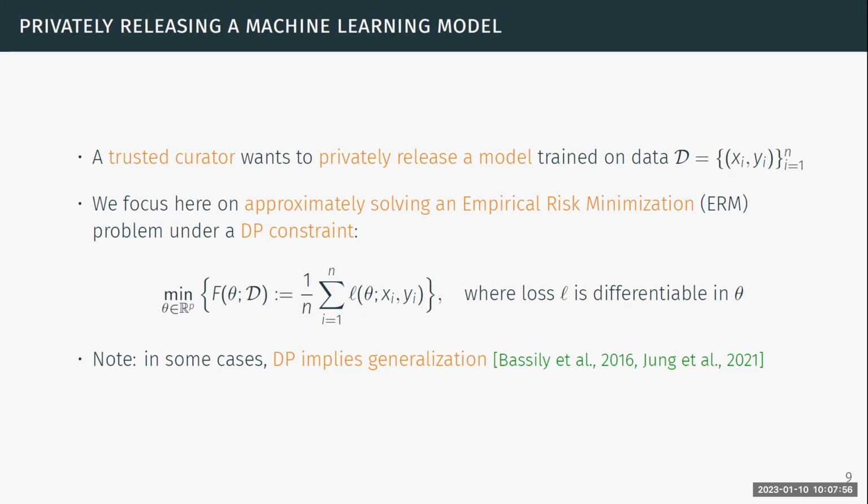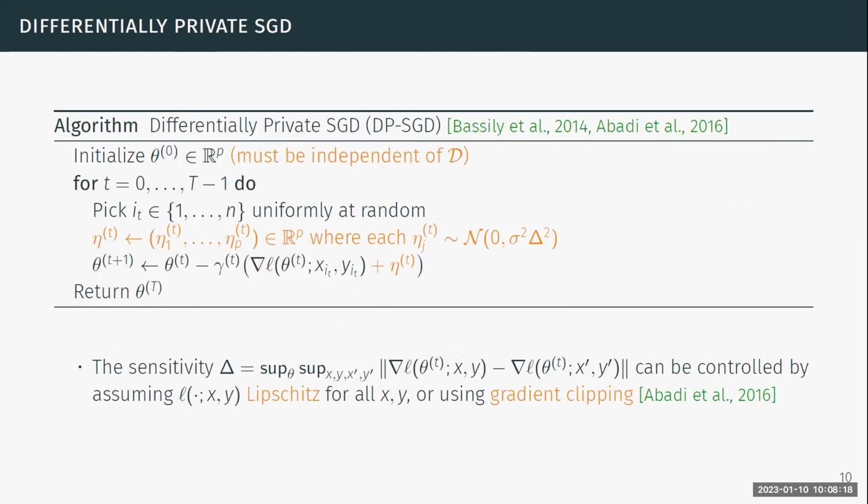I have a loss function that measures how well the model with parameter theta does on predicting the label of point X, and I want to find the model that works best on average on my training data. Okay. Typically, this loss is differentiable in the model parameters, so I can use gradient descent. So we're going to focus on that, and we can do a differentially private version of SGD.